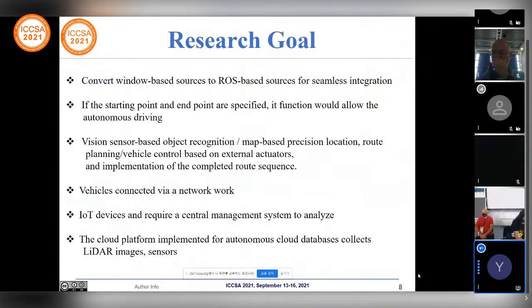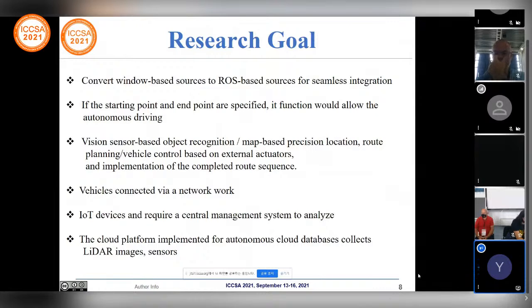Vehicles connected via a network work the same as IoT devices and require a central management system to analyze and process the data generated. We converted Windows-based source to Robot Operating System-based source for the simplest integration, vision, sensor-based object recognition, vehicle control based on external actuators, and the implementation of the completed route sequence.